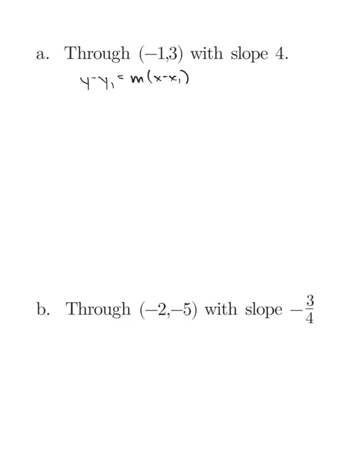So from here we want to plug in numbers for their values. I know that my slope is 4, that's going to be my m value. I also have that my x-coordinate for the point is -1, that's going to replace x1. My y-coordinate is 3, that will replace y1.